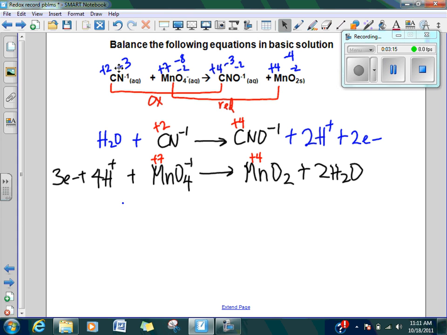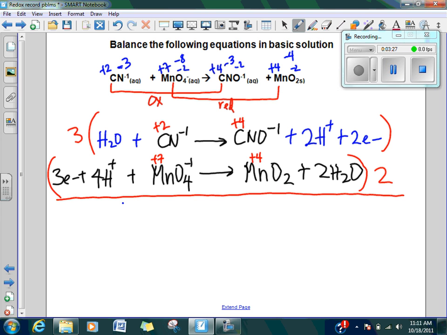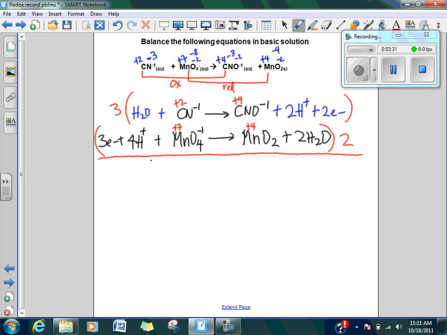Now you're going to see that I need to have a common factor between the two. And so I'm going to multiply this top one by 3, I'm going to multiply this bottom one by 2. And you can see that I have done nothing new compared to the redox reactions that we've been doing in class. So I'm going to write our overall reaction here so we can see how things are going to change.